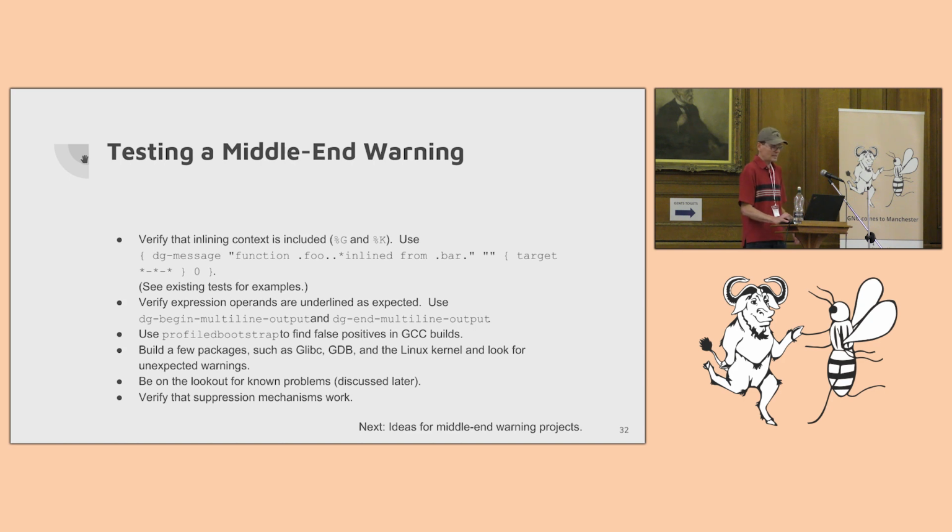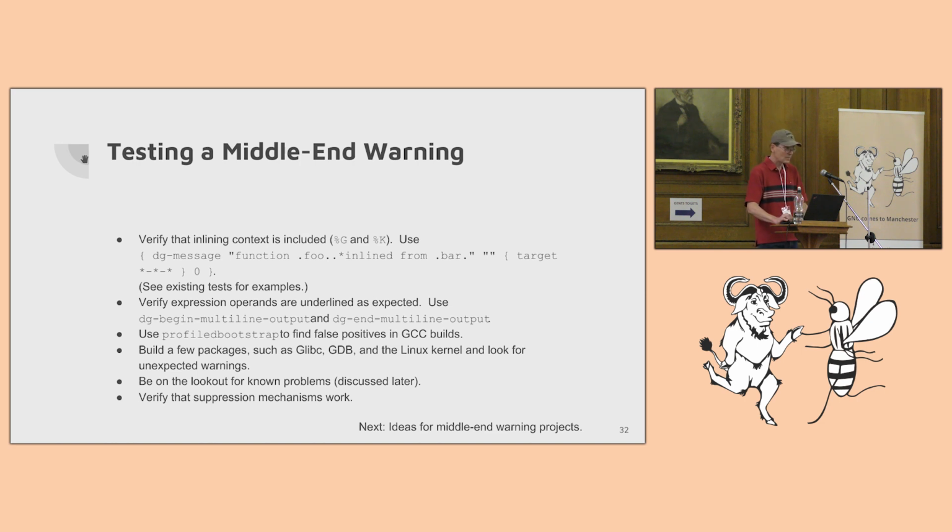Beyond just the appearance of the warnings, to fully exercise the warning in bootstrap, make sure you use profiled bootstrap to look for false positives. That tends to typically expose bugs in the warning implementation, in my experience.